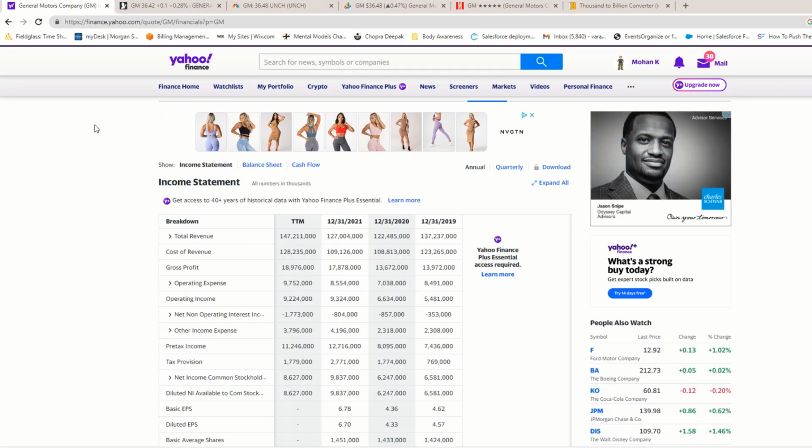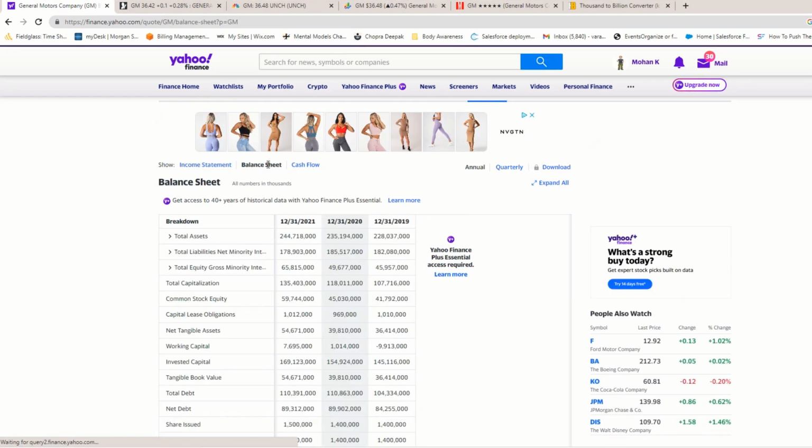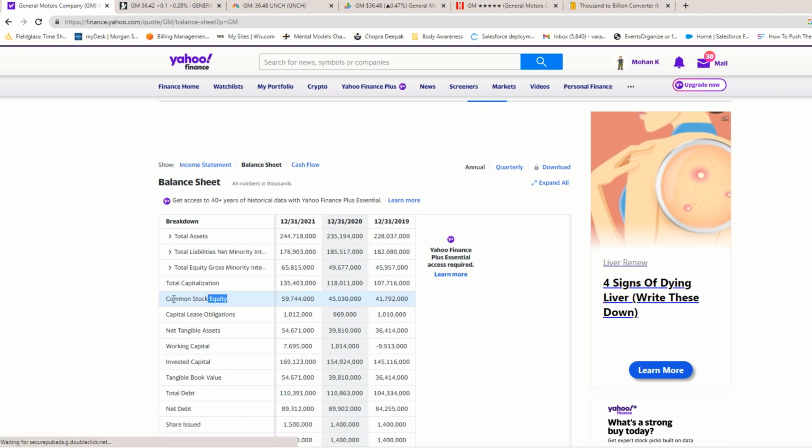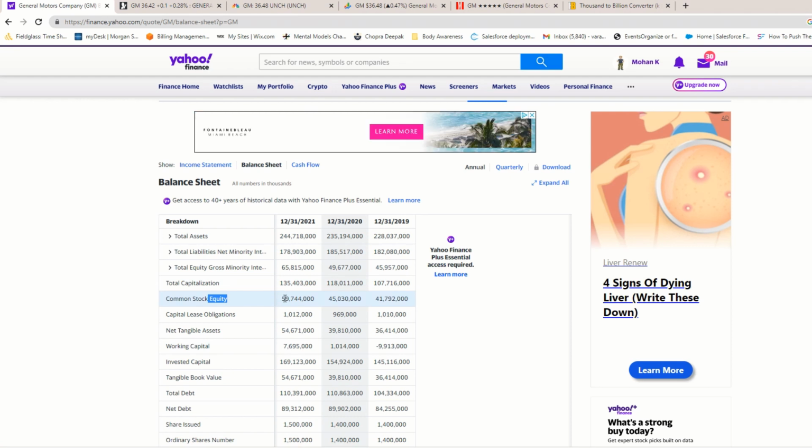So now let's go to the balance sheet for the General Motors business. So here, the total assets for the year 2021 is $244 billion, and then we have the liability of $178 billion, and finally they arrived at, for the common stock equity, asset minus liability, this number of $59 billion.